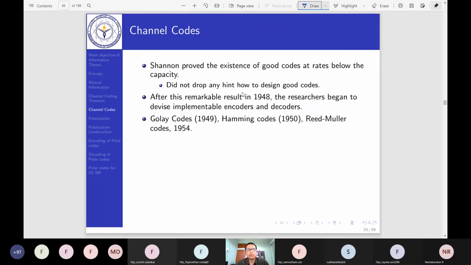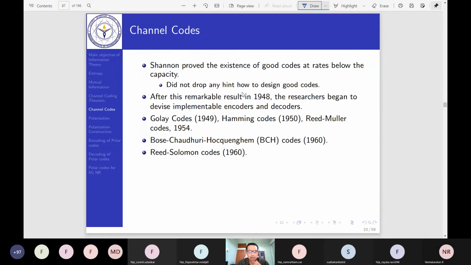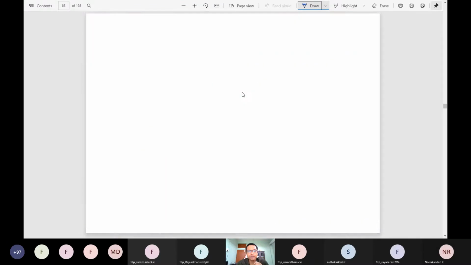People started with Golay codes, Hamming codes, and Reed-Muller codes in 1954. BCH codes in 1960 were one of the popular codes at that time. Reed-Solomon codes, in 1960, are very powerful non-binary codes.